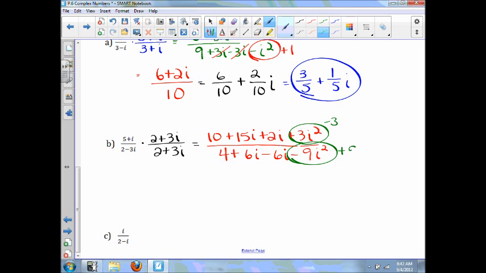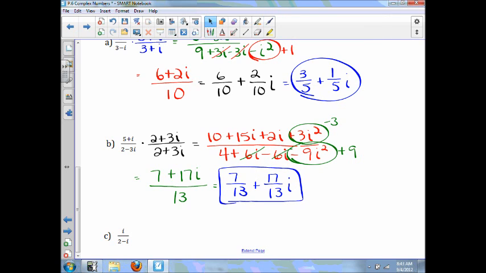This will be a plus 9. So we'll have 7 plus 17i on top. The 6i's will go away, but 4 plus 9 on the bottom. So really, it'll end up being 7 over 13 plus 17 over 13 i.